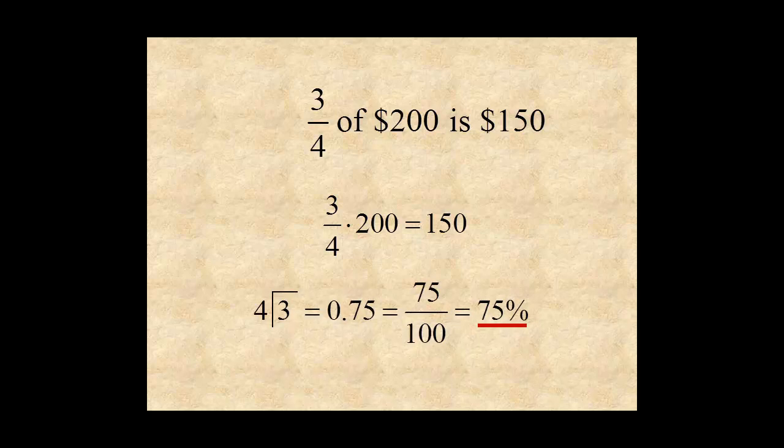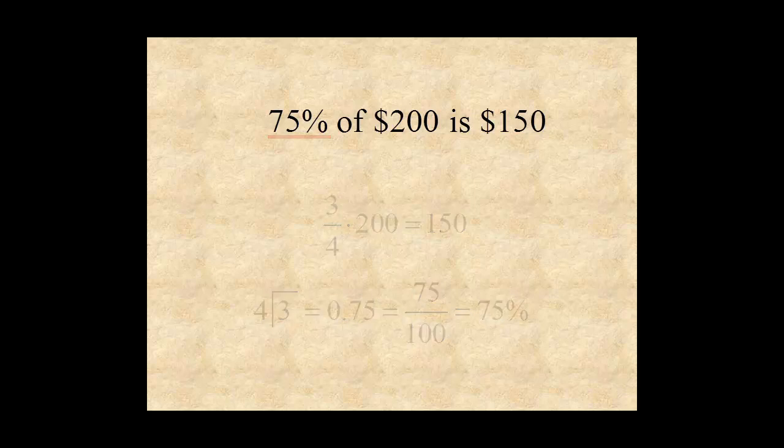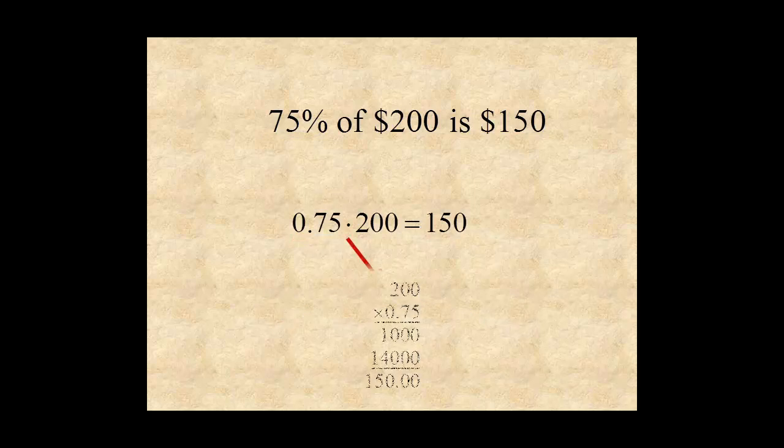So you can replace the ratio with a percent, and you have the statement 75% of 200 is 150. In the mathematical model, the percent is expressed as a decimal. And notice if you do the long multiplication, 0.75 times 200 does equal 150.